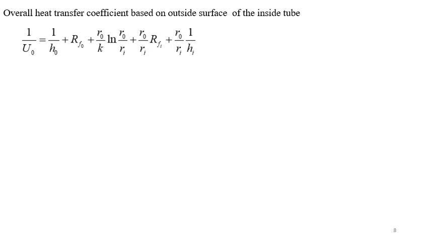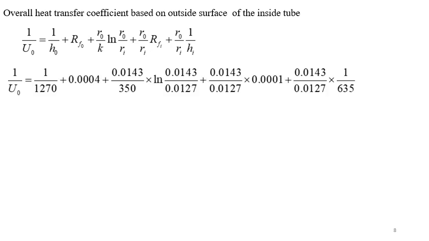Now everything is known. H naught value is known. RF naught value is known. R naught means the outside diameter, that you know. K, the thermal conductivity, is known. R naught by Ri, outer radius or inner radius, that you know. RFi is known. So 1 by Hi is also known. So substitute all the values and calculate the value of U naught.